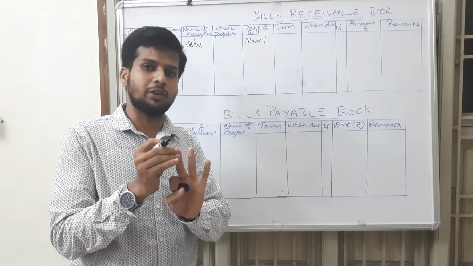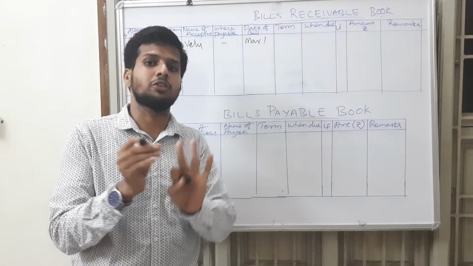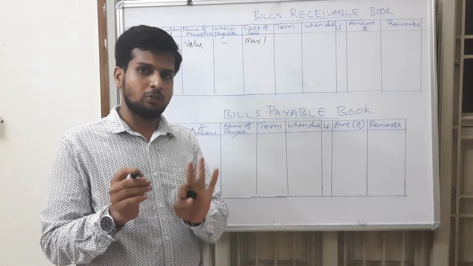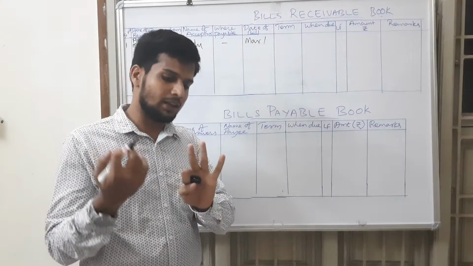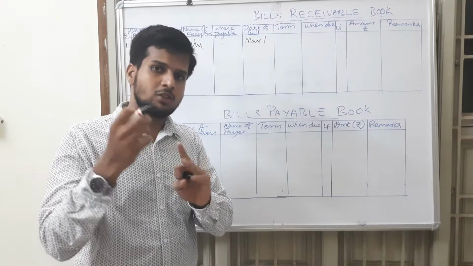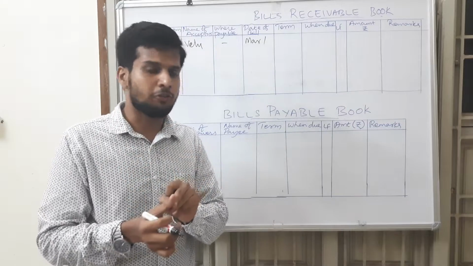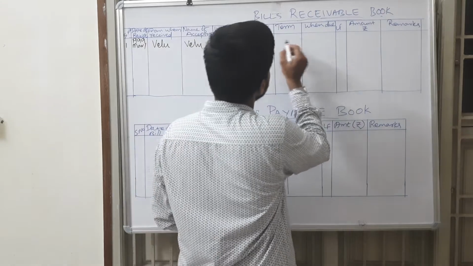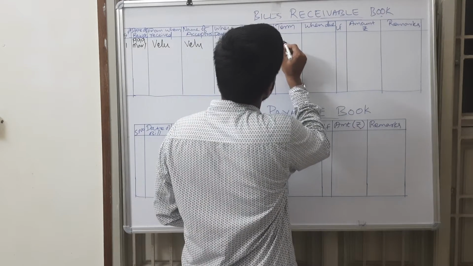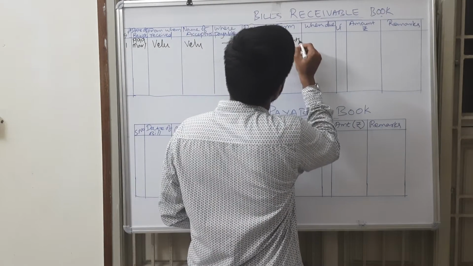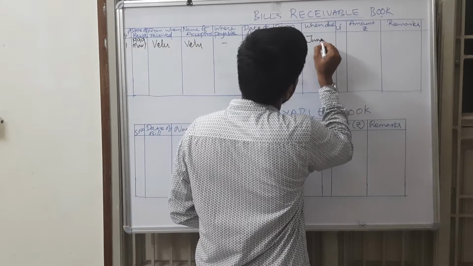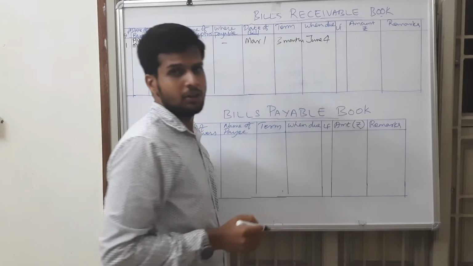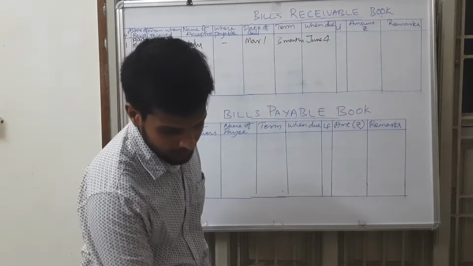Grace days must be taken as 3 days only. So June 1 is the end of the third month, plus grace days: June 2, June 3 and June 4. So for the 3 months bill, the due date is June 4.